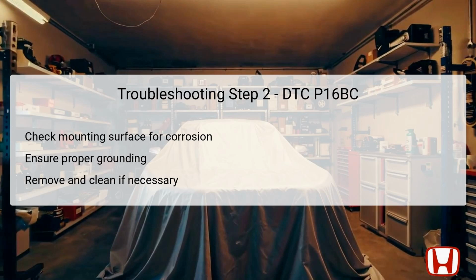Use a wire brush or suitable cleaning solution to remove any oxide or rust that could interfere with the electrical connection. This step ensures a solid ground, which is critical for the alternator's operation. After cleaning the surface, reinstall the alternator carefully and proceed to the next steps in the diagnostic process.